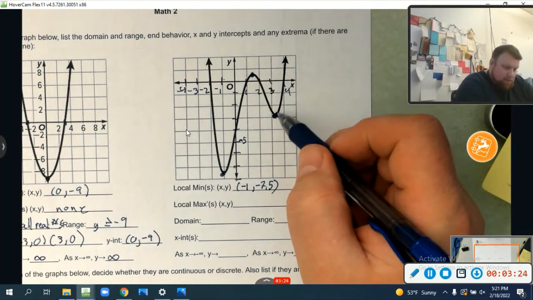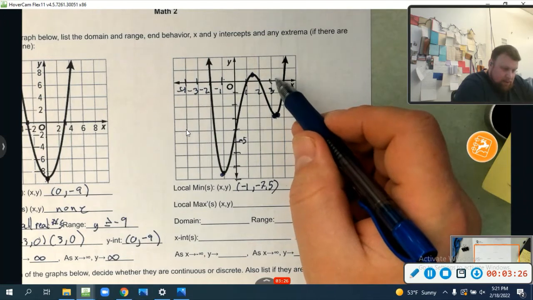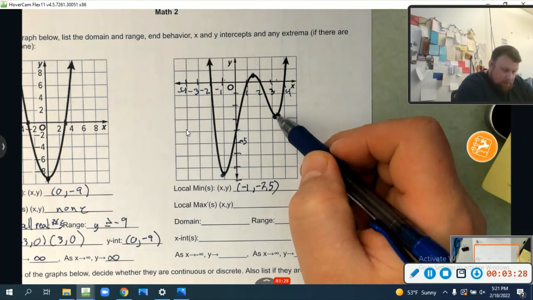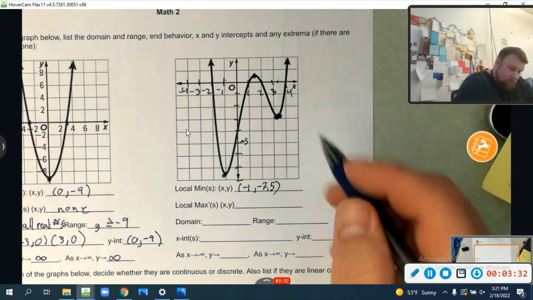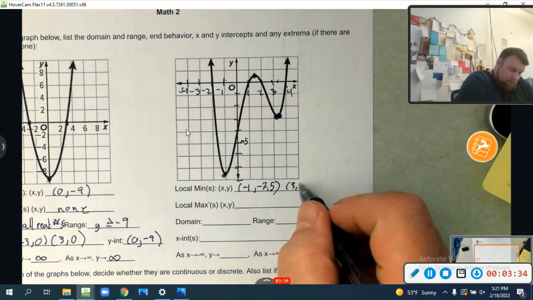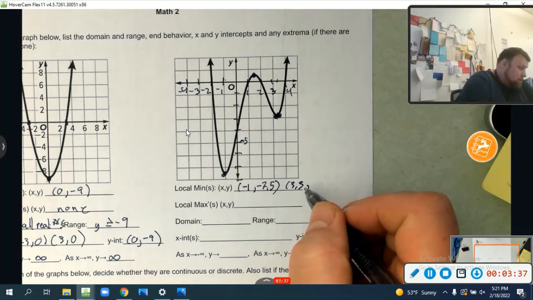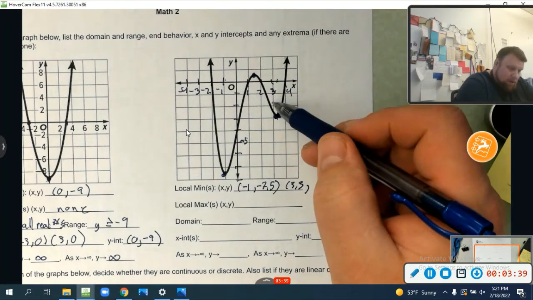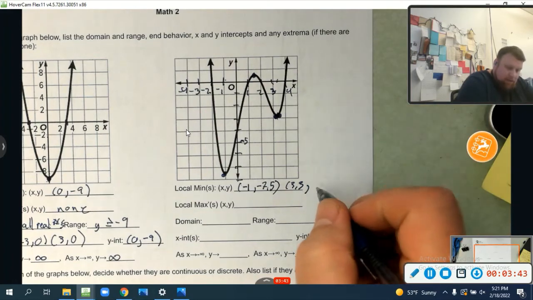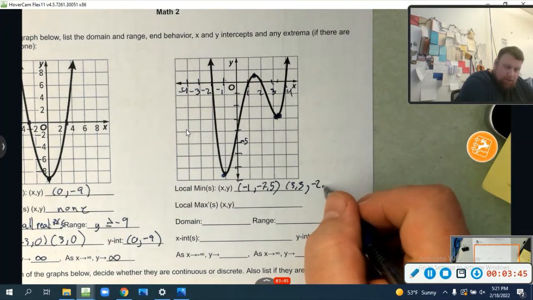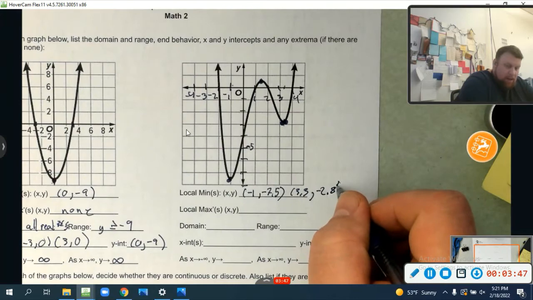And what's that point right there? It's at the point x equals 3.3. And the y value is like -2.8, -2.7, somewhere around there. So -2.8. We're really just guessing, aren't we? That's fine.